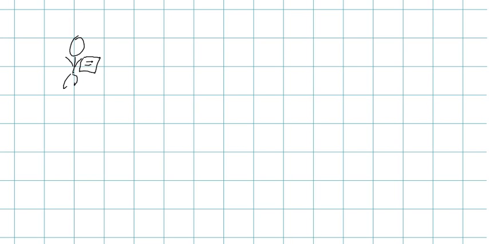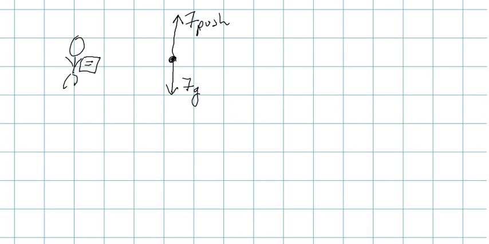So, first off, what are the forces acting on this crate? Let's draw us a little free body diagram here. Our dot will represent our box. We've got a force of the man pushing up on it. I mean, he's just holding it there, but it is a force of being pushed up. And we have the force of gravity pulling down on the box.